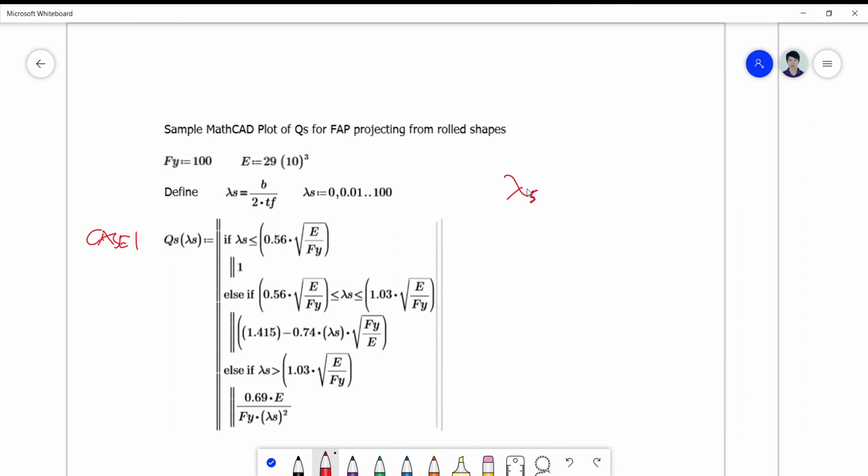By the way, class, take note that the letter s there means unstiffened. The subscript for stiffened is a. So for lambda a, you are talking of stiffened values.